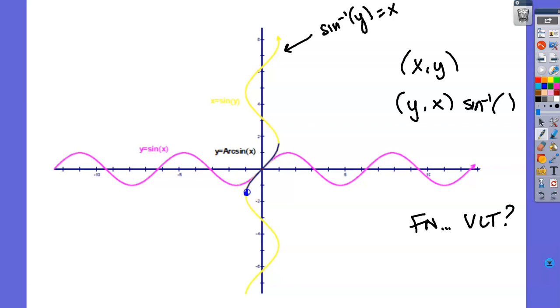So mathematicians pick this section of the graph. It covers all the x values you need, and then they start to repeat themselves. So it covers every x value that would work, and it goes from negative pi over 2 to pi over 2.